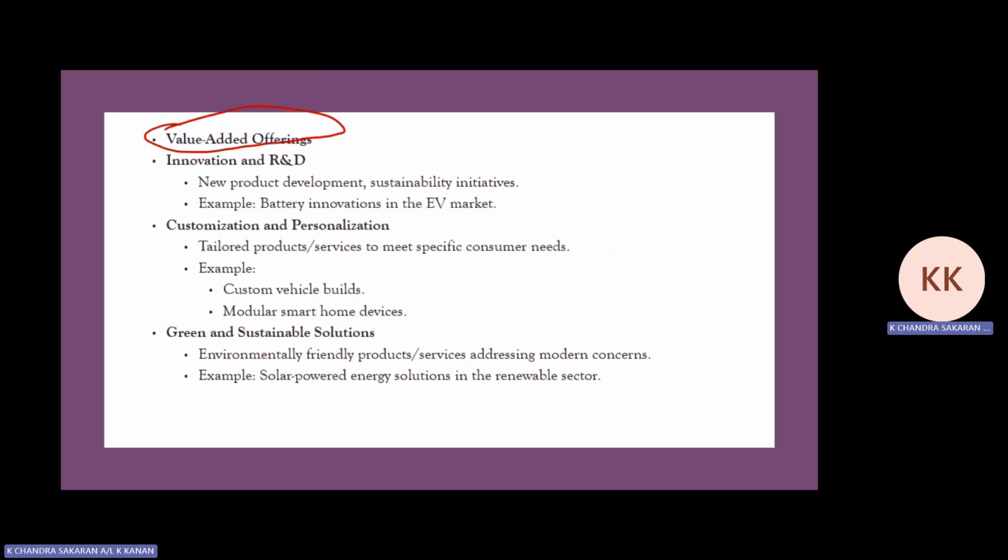Okay. Green and sustainable solutions. Also talk about that. Don't forget about green and sustainable solutions. Nowadays, you will find a lot of environmentally sustainable products, which means trying to protect the environment. Why they introduced the electric car is because they said the conventional car that uses fuel, carbon energy, is creating a lot of pollution.